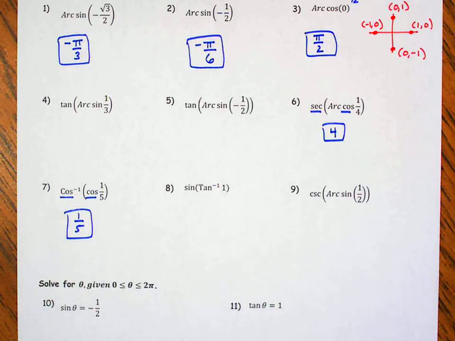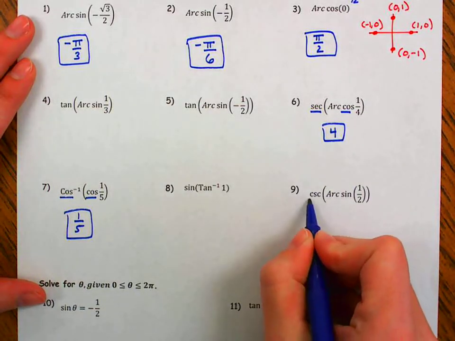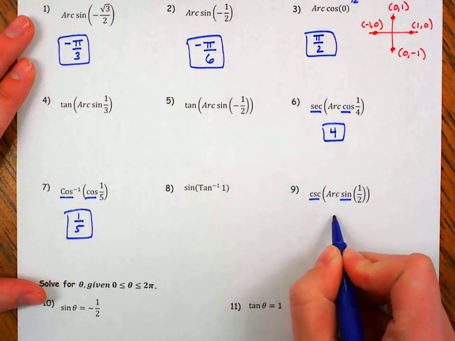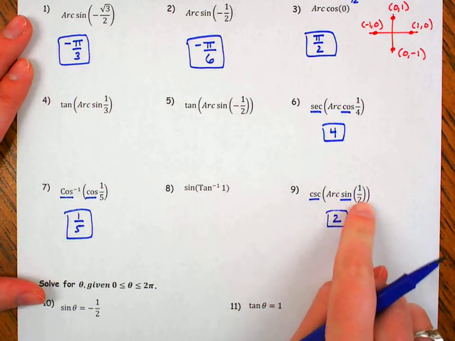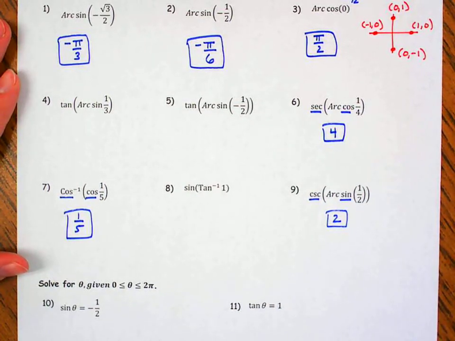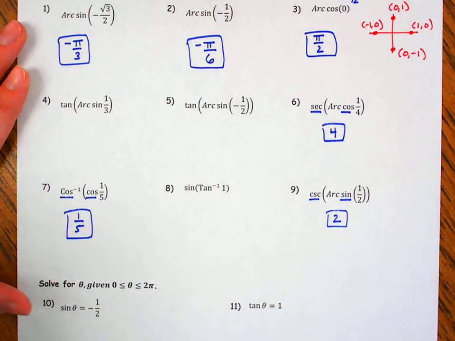So now what I would recommend doing is look for unit circle values. Sorry, here's another reciprocal, cosecant and sine. My answer here is just 2. If you see reciprocals, our answer is just going to be the reciprocal of what we have.